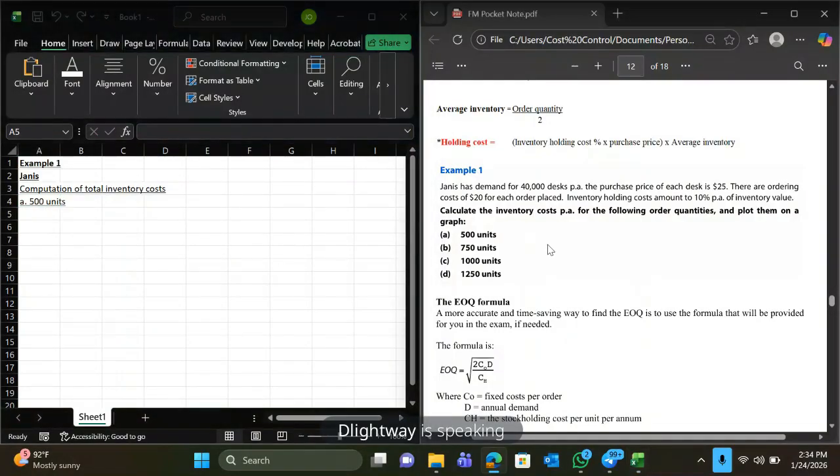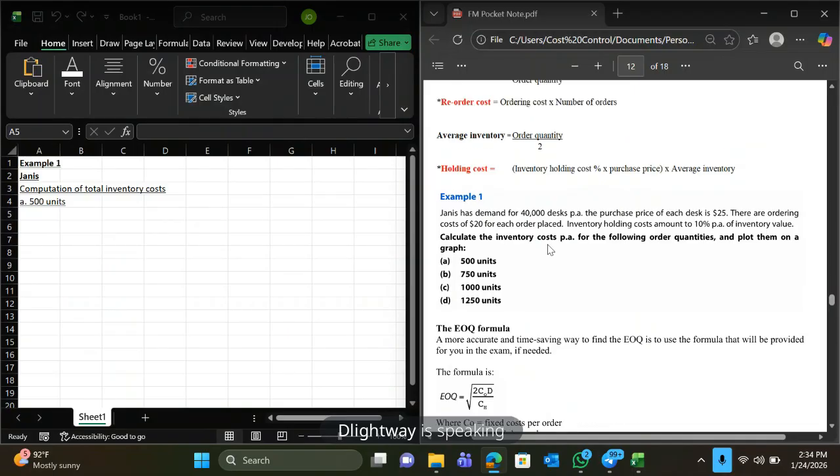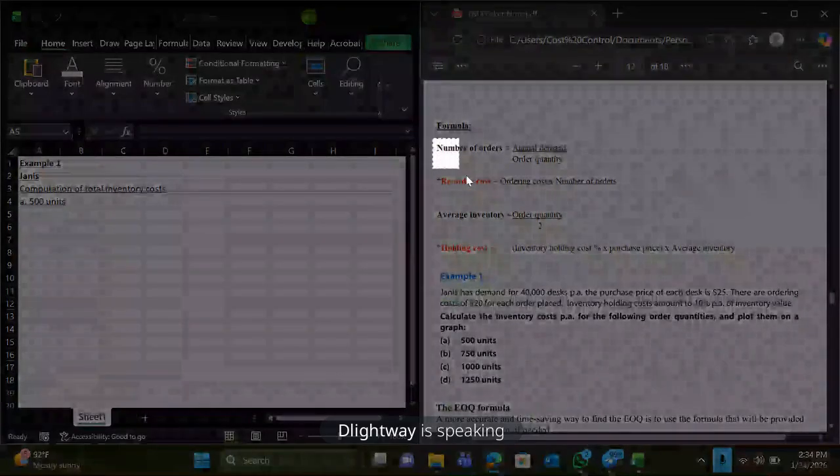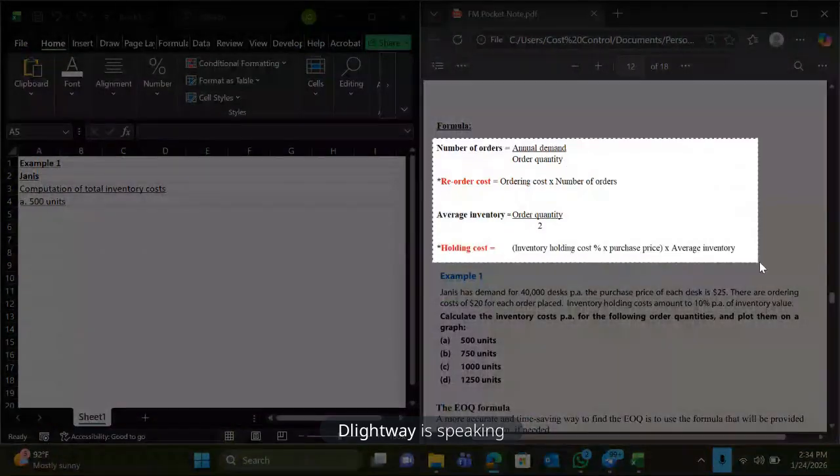Let's go back to the formula I showed us. In order to compute the total inventory cost, we need the reorder cost and the holding cost. Before we can arrive at the reorder cost, we also need the number of orders. So let me screenshot this and bring it into our solution.